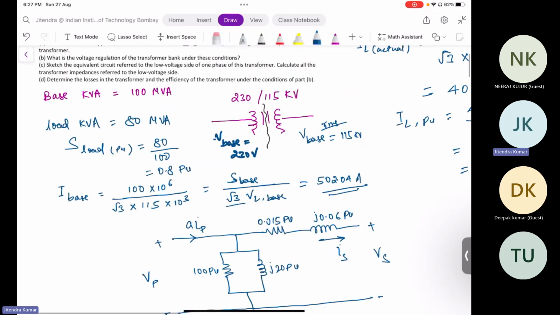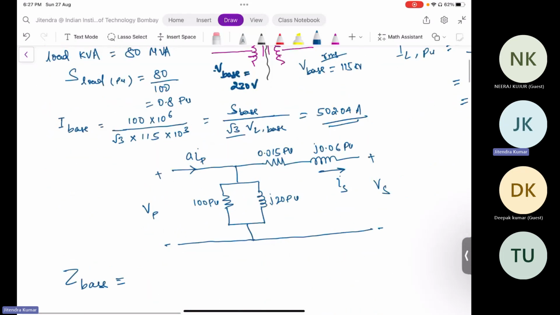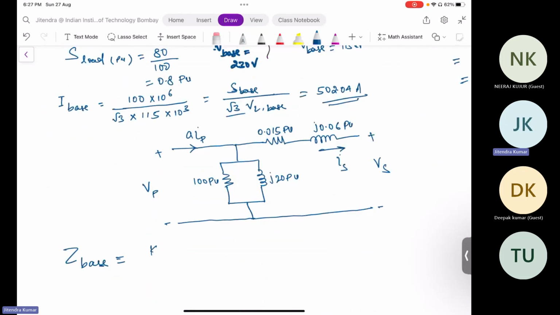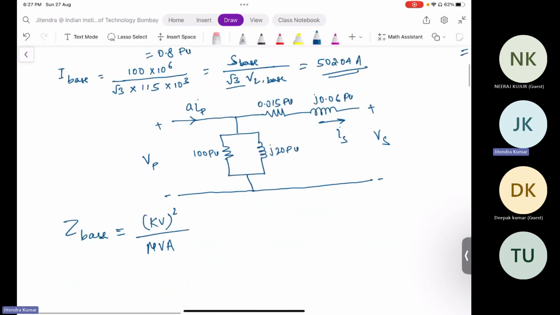The secondary side is connected in a star, right? So if it is connected in a star, we can say that it is KV square divided by MVA. So it will be 115 square divided by 100 MVA.